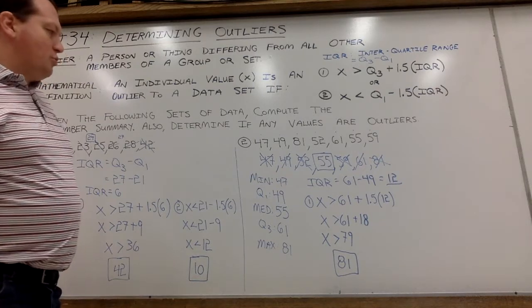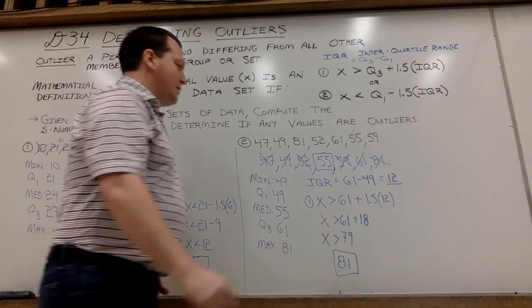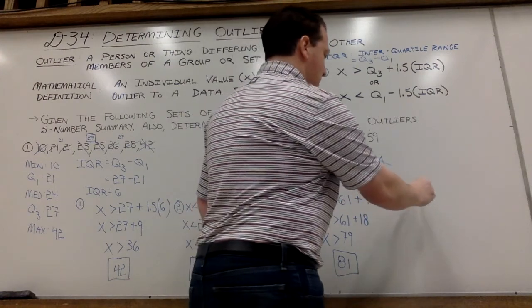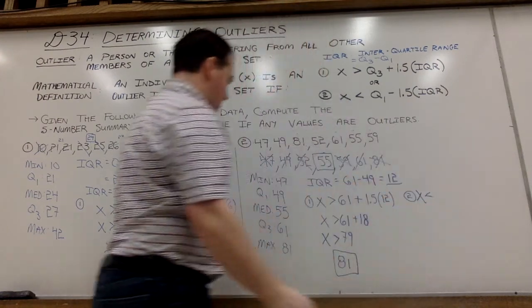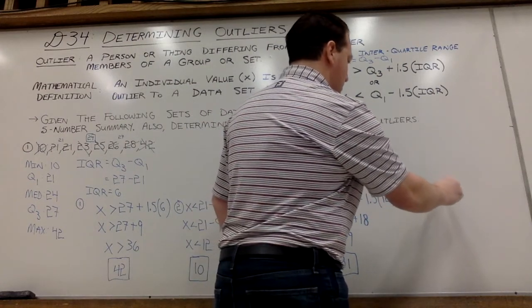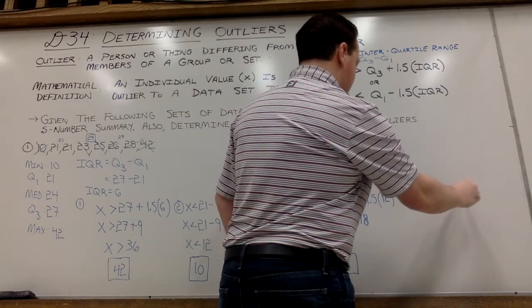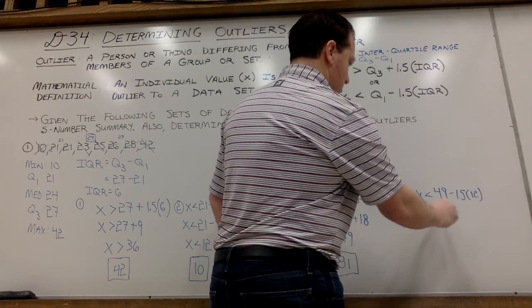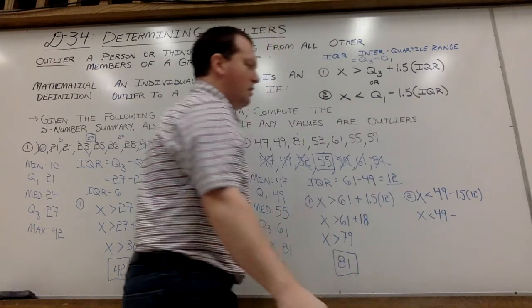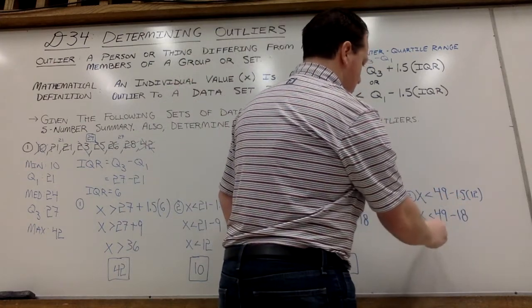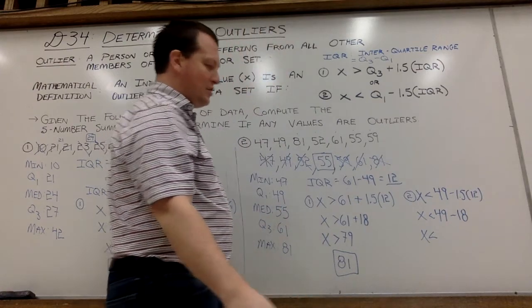And then I'm going to check on the low end. Do I have any individual values that are less than Q1, which is 49, minus 1.5 times 12. 49 minus 1.5 times 12 again is 18. 49 minus 18 is 31.